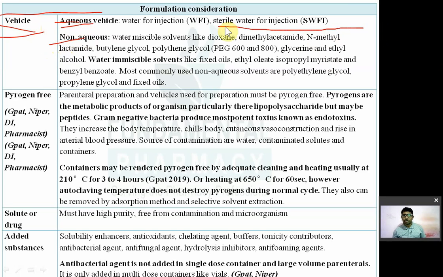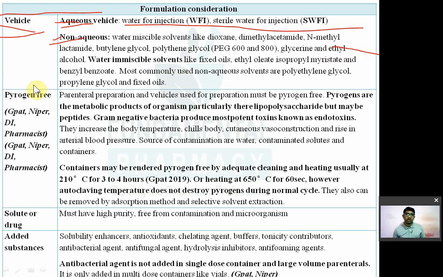There are a lot of water for injections we are going to see in the upcoming slide, and in that you have water as a vehicle. Then non-aqueous vehicle means other than water, or water miscible solvents like dioxane, dimethylacetamide, N-methyl lactamide, butylene glycol, polyethylene glycol like PEG 600, PEG 800, then glycerin, ethyl alcohol, etc. So water miscible solvents come under non-aqueous solvent.